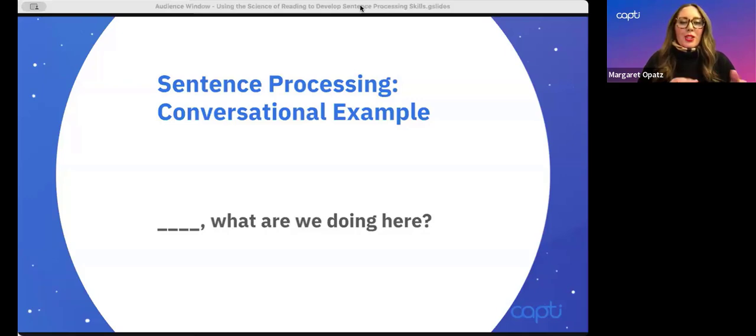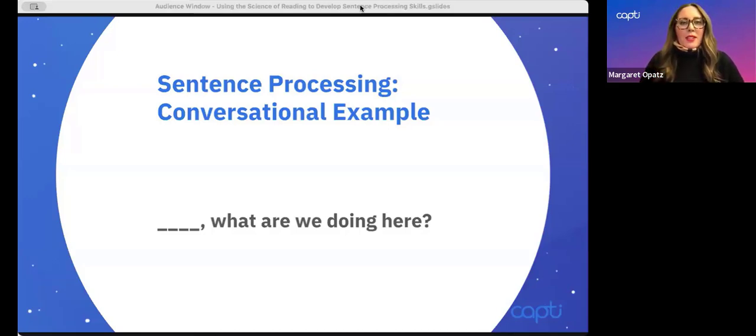But when we get into the text, we are entering into a world where we don't have that same support of gestures. We can't see how the author's presenting it by using their hands or getting excited to present the information. It's all decontextualized.